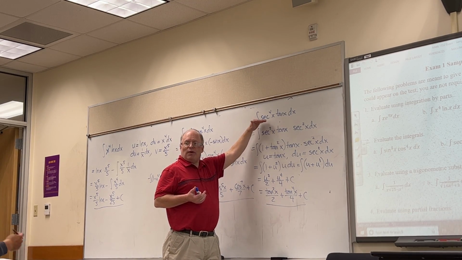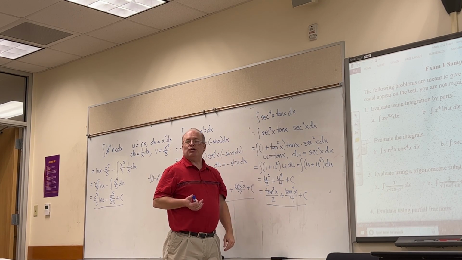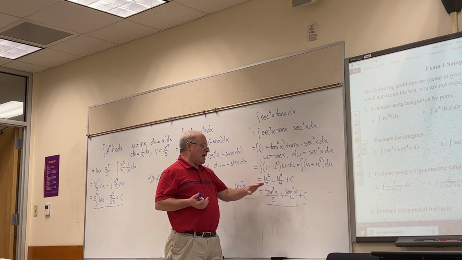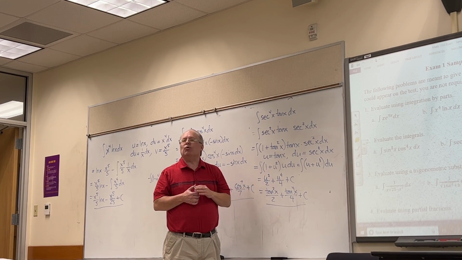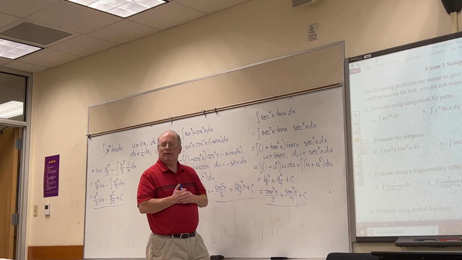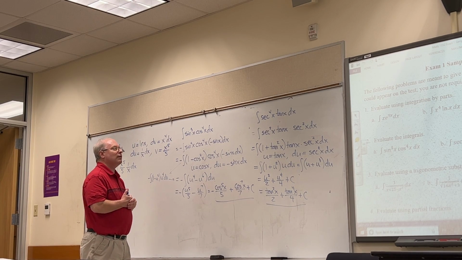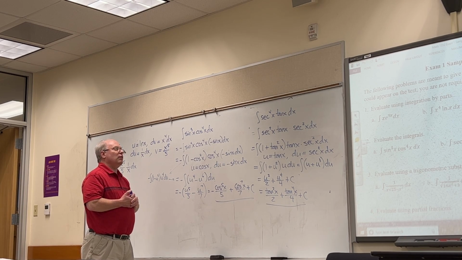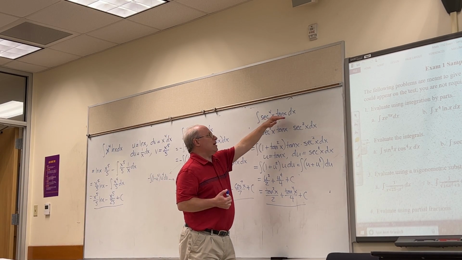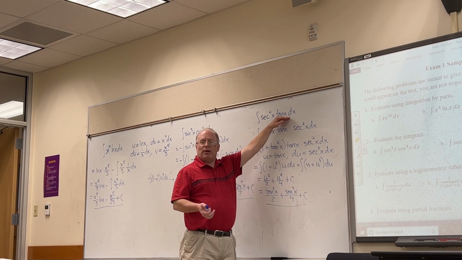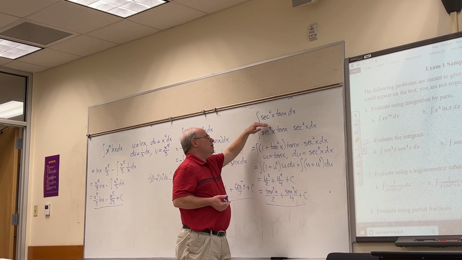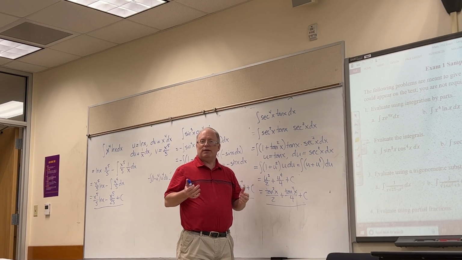So if we had done that, we could have done the substitution u equals secant of x, and that would have given us an answer that looks different but is equivalent. You'd have secant of x tangent of x dx separate, so that when you make the substitution u equals secant of x, you would get the integral of u cubed du.